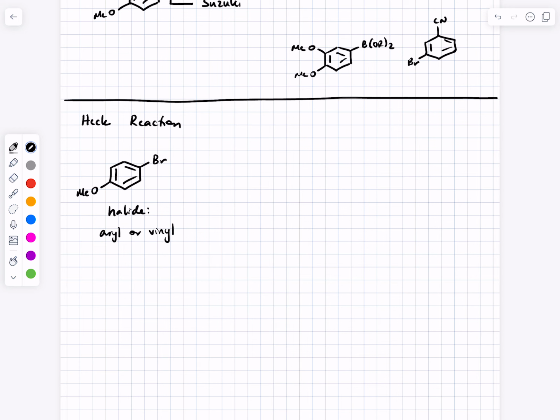Either of those is okay. And then the other partner is an olefin, but it's usually an olefin with an electron withdrawing group on it. So I'll give you one example.